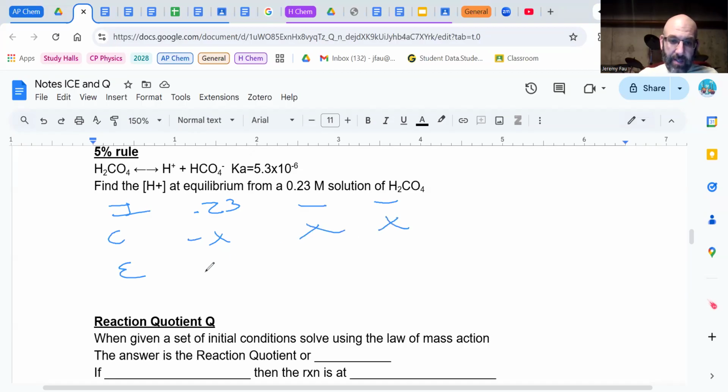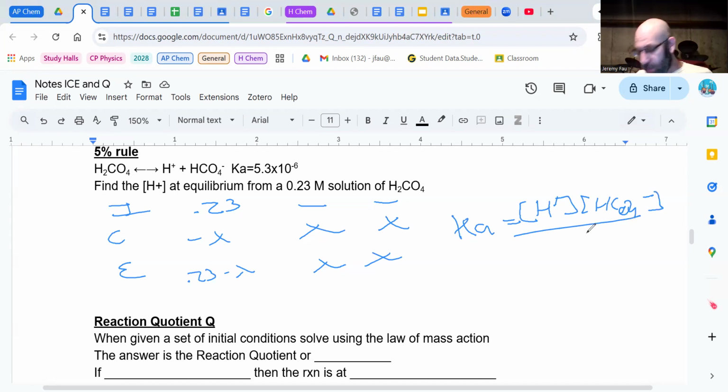This is x and x. 0.23 minus x, and this would be x and x at equilibrium. We'd say Ka, if we plugged in our values, would be H plus times HCO4 minus over H2CO4.